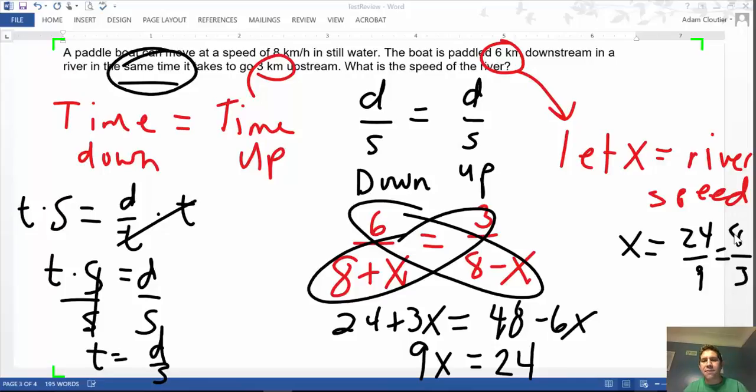And remember that this 8/3, or 2 2/3, is the x variable, which stands for the river speed. So we would say at the very end, river speed is 8/3 kilometers per hour.